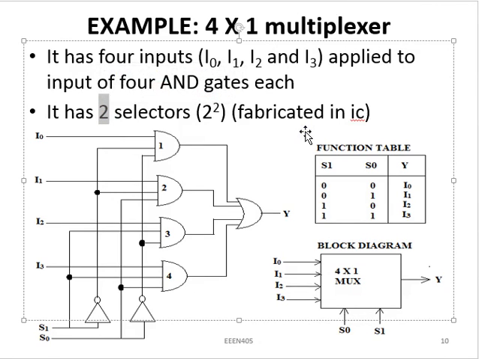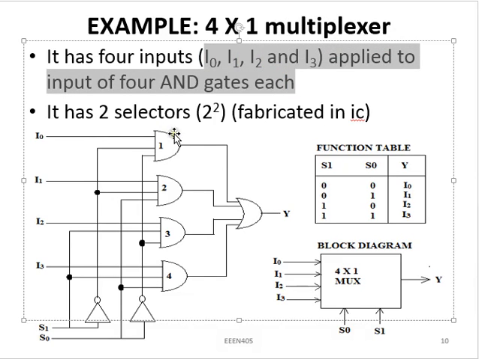It is generally implemented using AND gates and inverters, and the outputs of all these AND gates are then passed through an OR gate. Here we have 4 inputs on the multiplexer. That is why we have 4 AND gates, 1, 2, 3, and 4, and each of the gates will take only one of the 4 inputs.